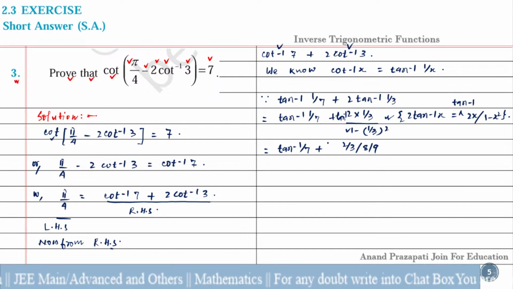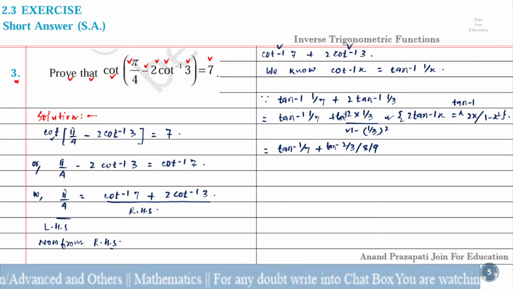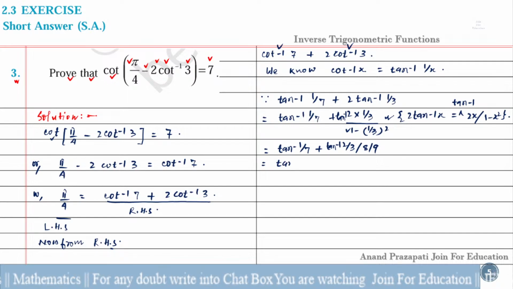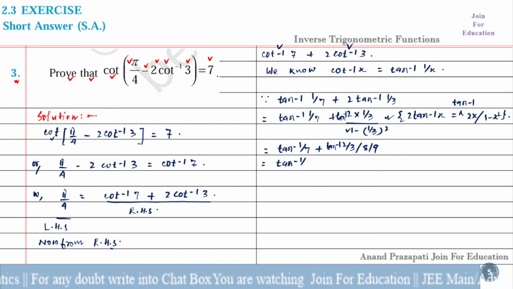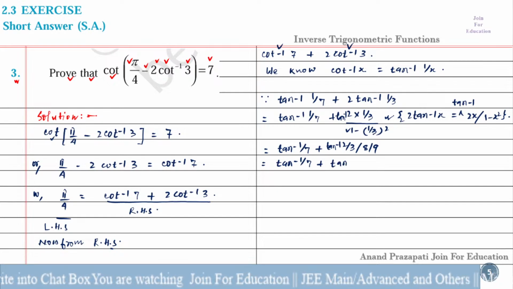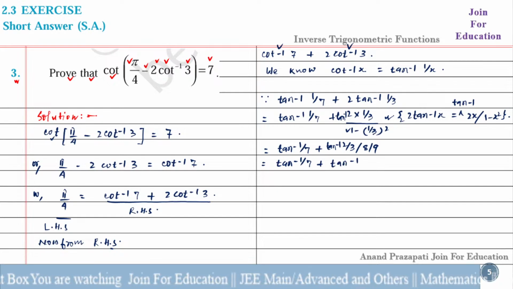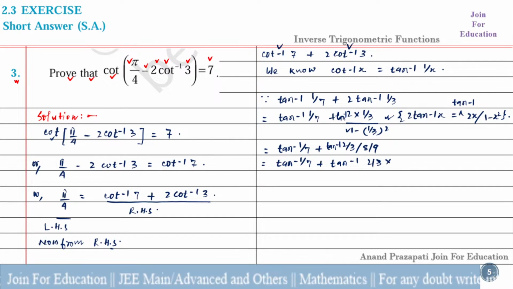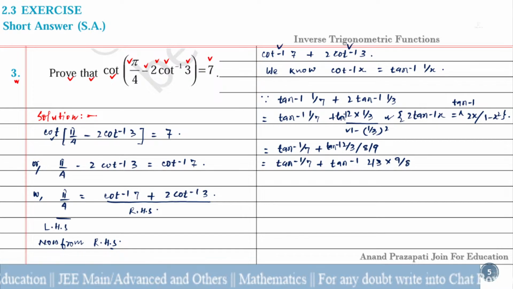So the next step will be equal to tan inverse 1 by 7 plus tan inverse 2 by 3 into 9 by 8.